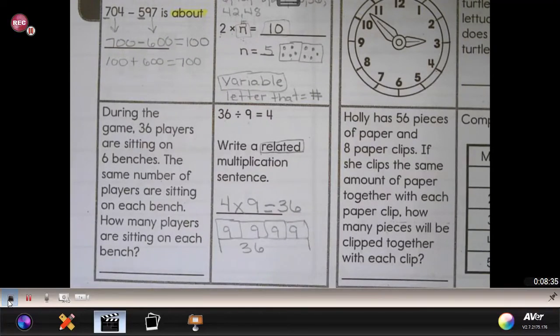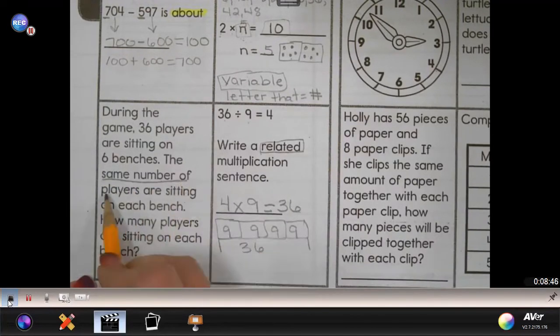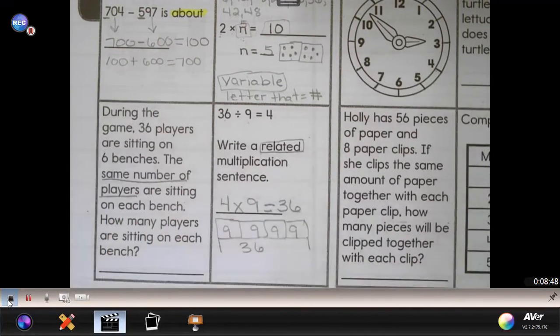Let's take a look at our word problem for today. It says, during the game, 36 players are sitting on 6 benches. The same number of players, that means they're equally sitting on each bench. How many players are sitting on each bench? So we don't want a total here.